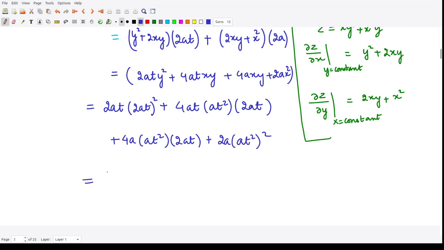So now we can simplify this, and finally at the end we will have the answer as 16a cube t cube plus 10a cube t power 4. So this would be the final answer. You could check the calculations by yourself, simplify these terms, take the common powers, club the coefficients, and the final answer would be this one.